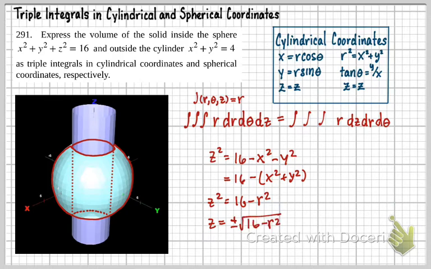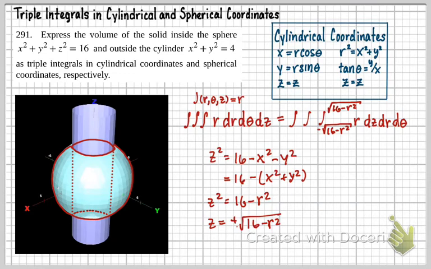Now think about it this way. If I just take the positive, then that's going to be the upper half of the sphere. And if I take the negative, that's going to be the lower half of the sphere. So below would be negative square root of 16 minus r squared, and the upper bound would be positive square root of 16 minus r squared.